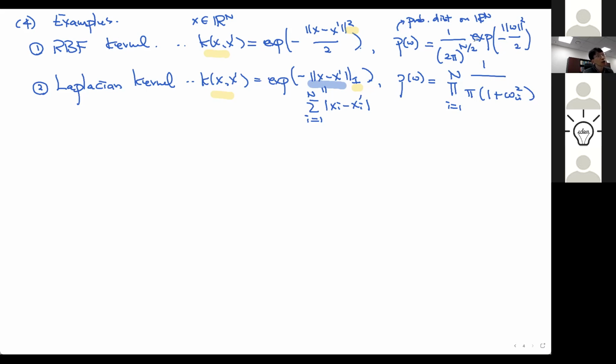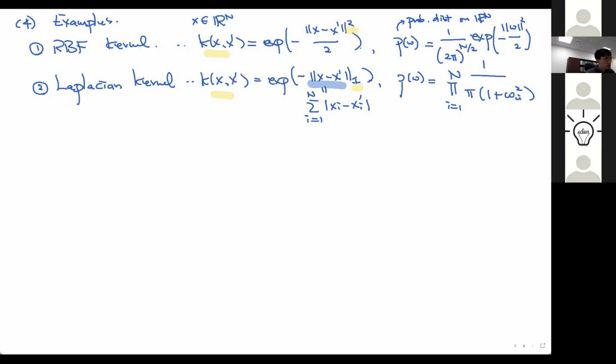The Gaussian distribution that you see in number 1 has a tail where the probability of very large values is really low, because it decays at a square exponential rate. But the Cauchy distribution P of W decays at a polynomial rate, so there are more chances of having very large values.